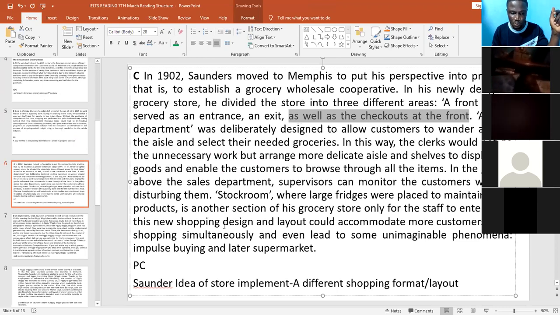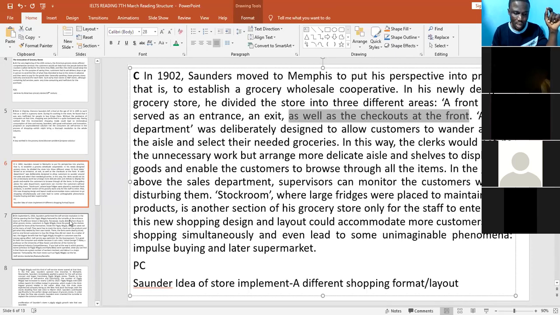Also this shopping design could accommodate customers to go shopping and lead to more. No, that's not what we are looking for. We're looking for how they pay. If this one does not do it, let me look at the next paragraph. But since checkout is here, even if there is no paragraph that says pay directly, checkout means that's where they are paying.